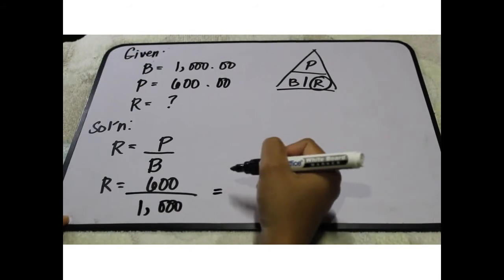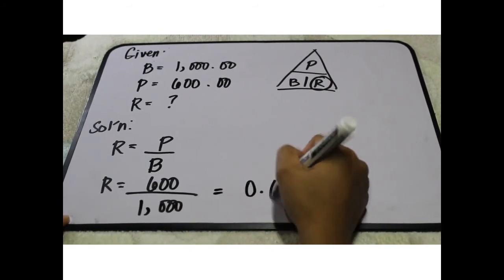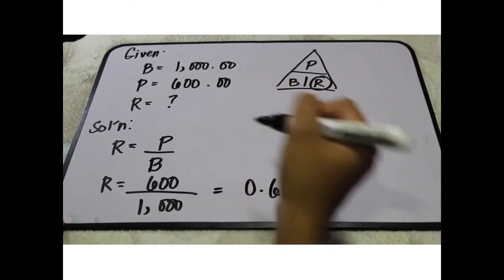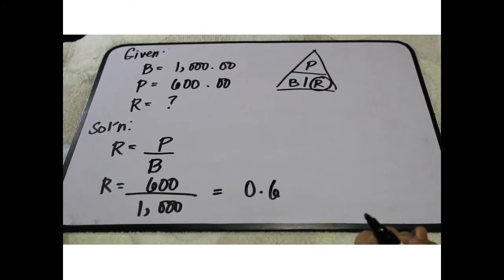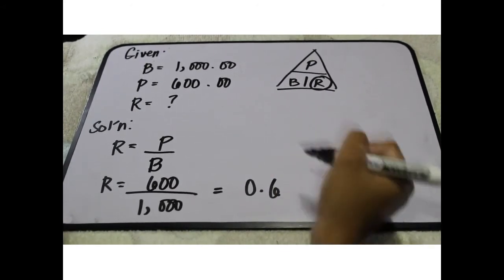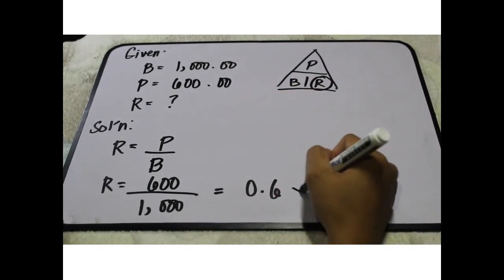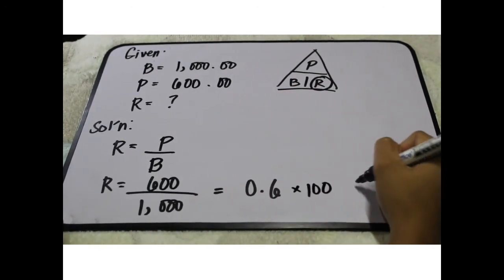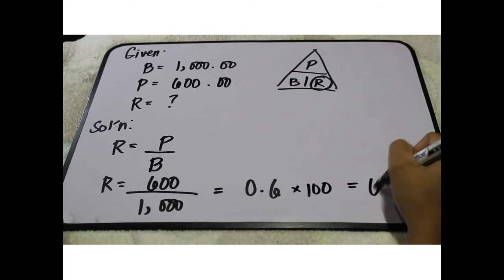If we divide this, we will get 0.6. Now we are asked to find the rate. So when we say rate, it is always accompanied with the percent sign. So 0.6, we need to convert into percent form. Just multiply it by 100. So now we will get 60%.